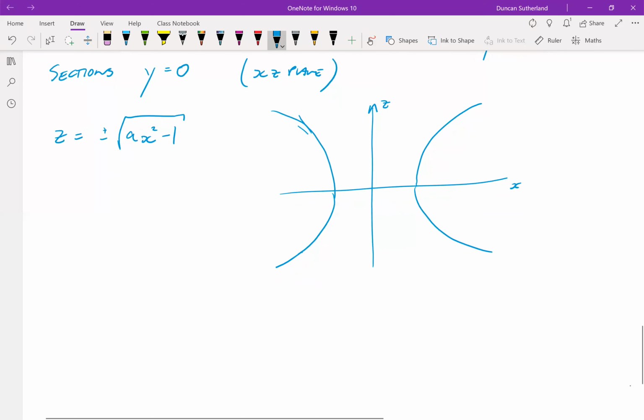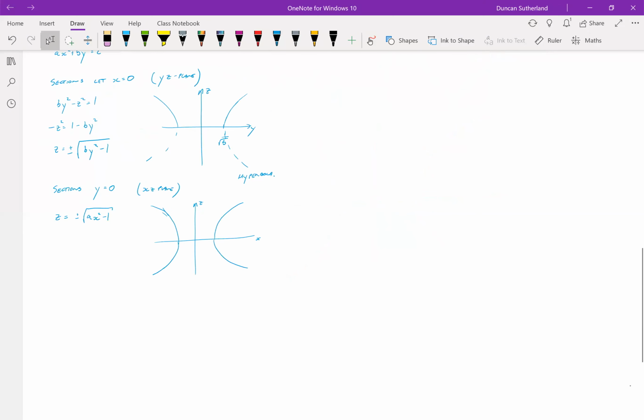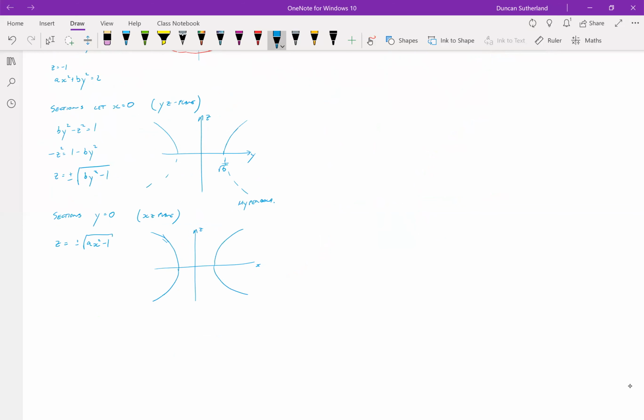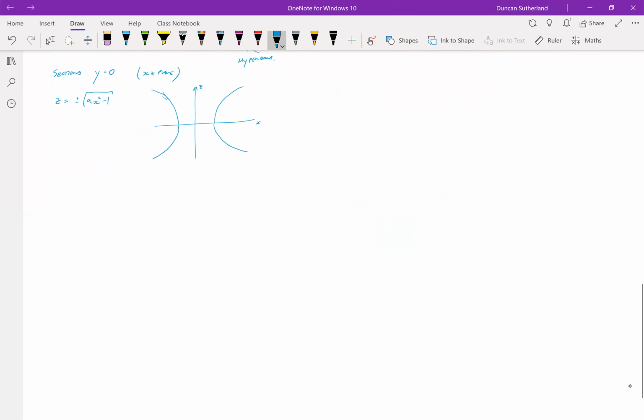Okay, so now you can kind of put these bits together. And remember, obviously, that you've got this sort of symmetry going on. You can see this symmetry reflected here, right? You know that your z equals 0, everything's just reflected around z equals 0. So let's try and sketch this out.